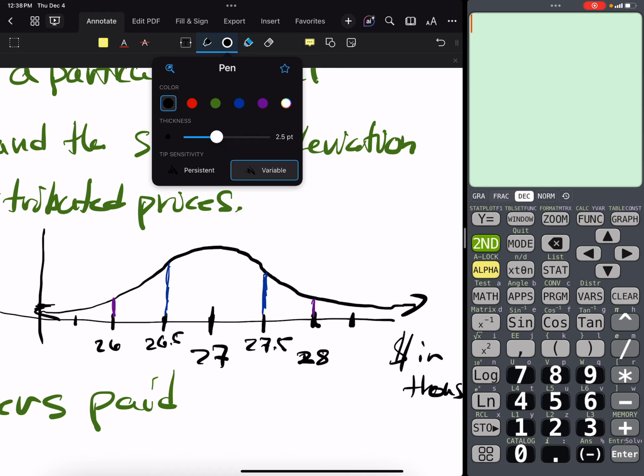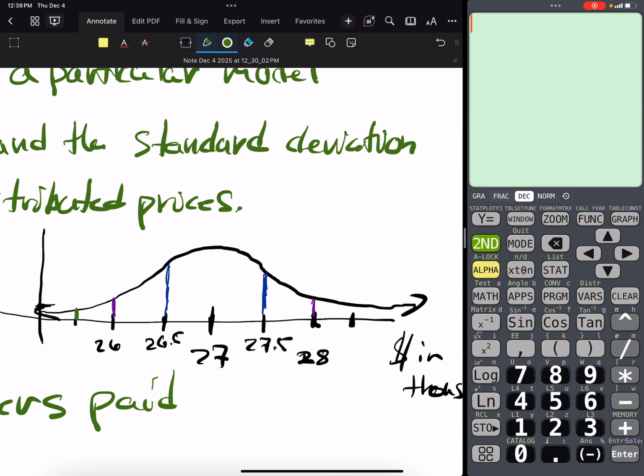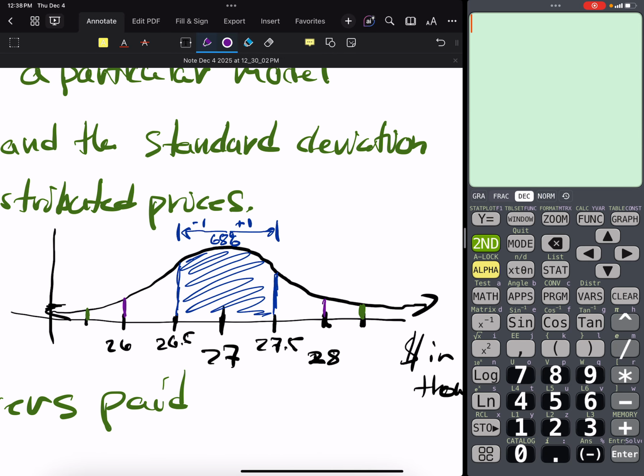Again, my sketch distances are a little bit off, but you'll see what I mean as I fill this in. The space between minus 1 and plus 1 standard deviation holds 68% of our values. Then 95% of our values occur between these 2 points.